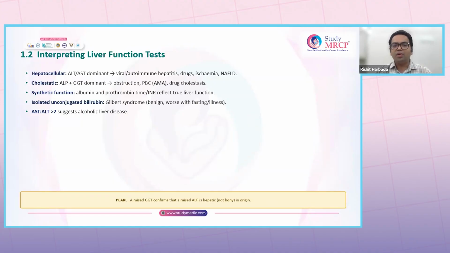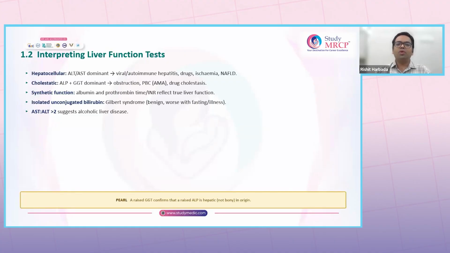You will see the liver enzymes, SGOT and SGPT, or AST and ALT. You will see alkaline phosphatase and GGTP, that is gamma glutamyl transferase. And lastly, you will see serum proteins, such as albumin. Together, this forms the liver function analysis.